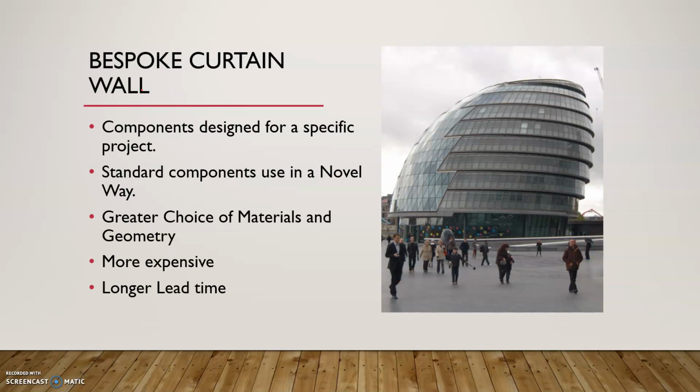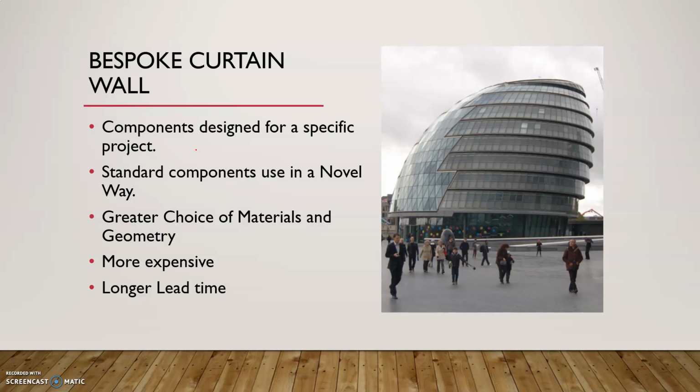Next is bespoke curtain wall. You can see on the picture on the right, this is a bespoke type curtain walling. You can see the shapes, this is the office of the London Mayor.